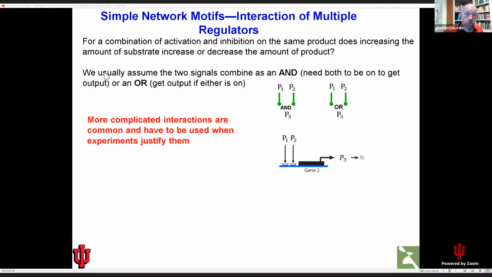Again, the main idea is that we're going to assume either an AND-like structure or an OR-like structure. However, sometimes the interactions are complicated, and when they are, you're stuck. In one of Herbert's textbooks on control theory, he gives you a whole zoology of possible combinations, and there are a lot of empirical ones that are what's observed experimentally.